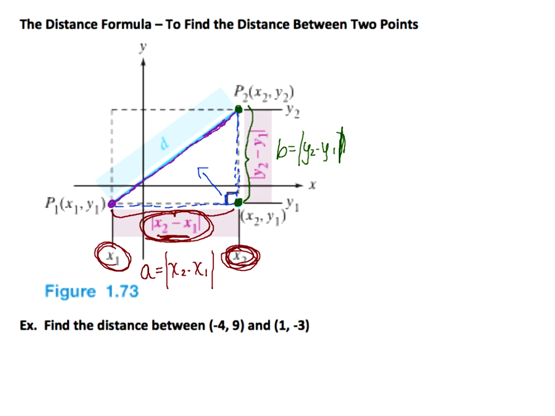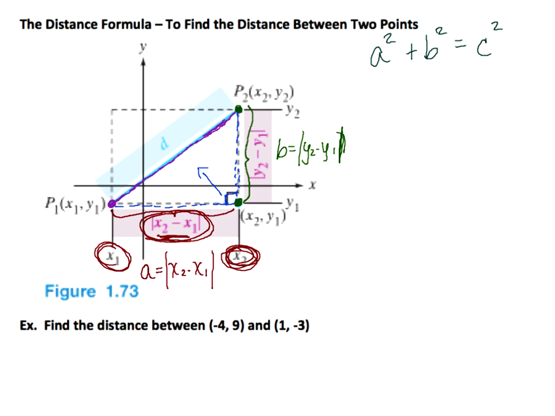Now, the Pythagorean theorem says that a squared plus b squared equals c squared. Well, I've got a and I've got b in regards to my general points x1, y1, x2, y2 that I'm trying to find the distance between.